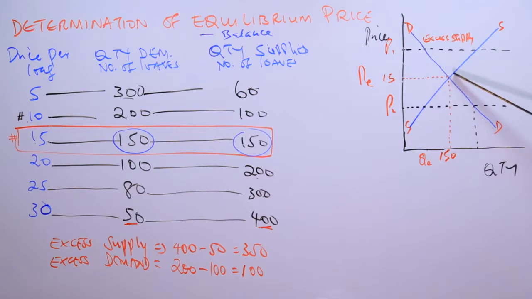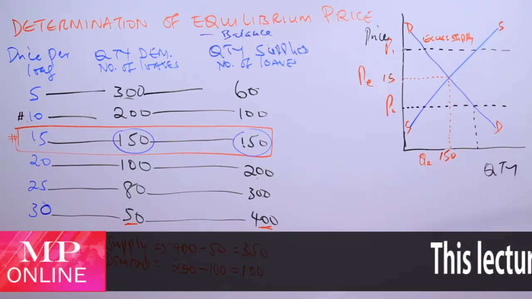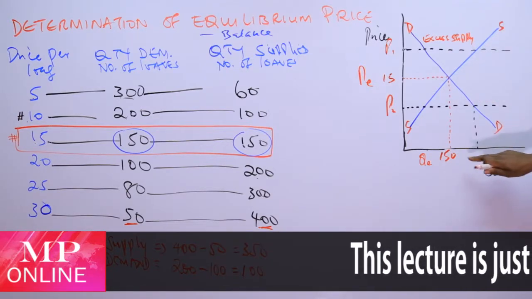Any increase will appear from this point to this point, so that the quantities are appearing on this side from 150.